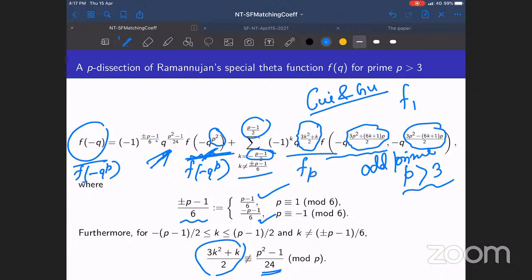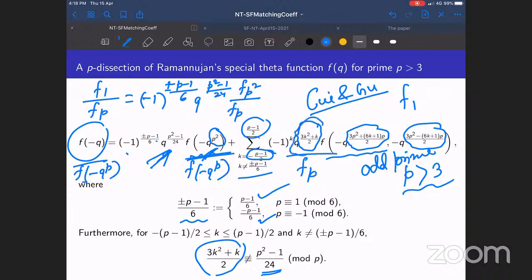So we have that your f of 1 by f of p is equal to, we got minus 1 power plus minus p minus 1 over 6, and q power p square minus 1 over 24 we got. And this we got f of p square by f of p, and rest are like that. All multiples of this except the first one.